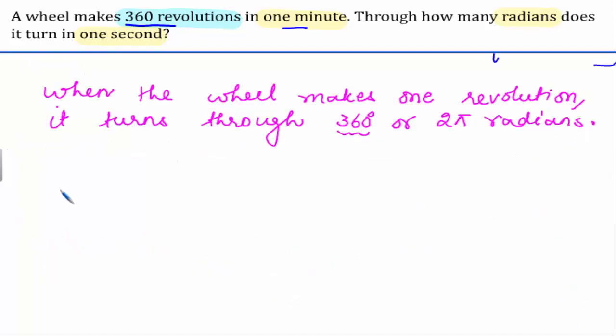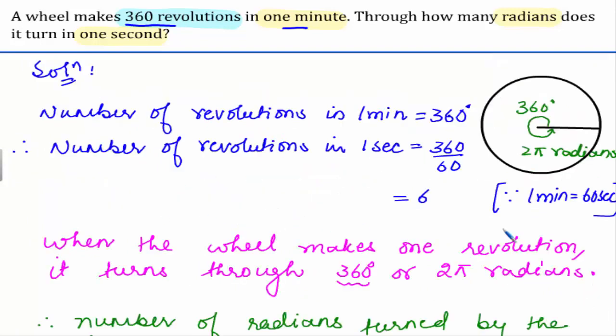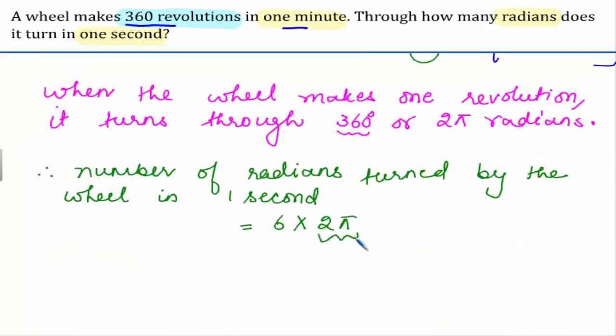Therefore, the number of radians turned by the wheel in 1 second is 6 into 2 pi. Since if it makes 1 revolution, then it moves through an angle of 2 pi radians, so we have 12 pi.